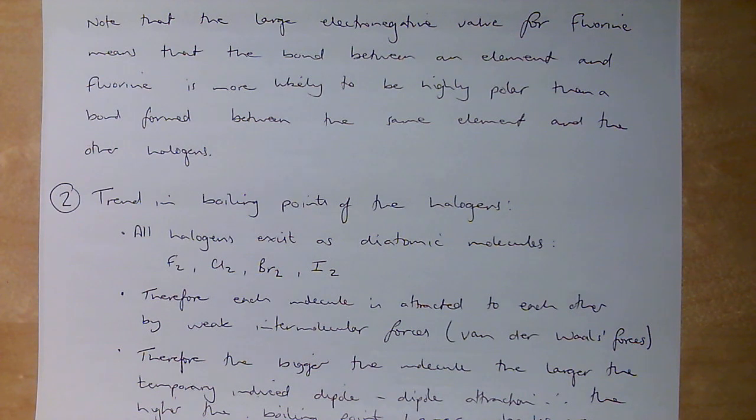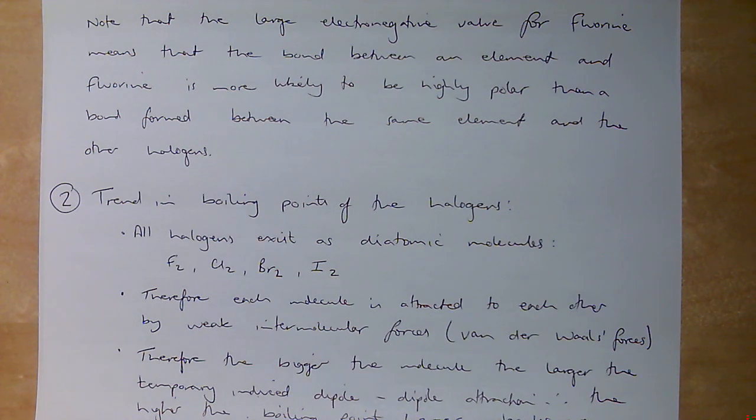We've seen that when we discussed hydrogen bonding earlier in year 12. So that's the explanation for how electronegativity changes as we go down group 7.